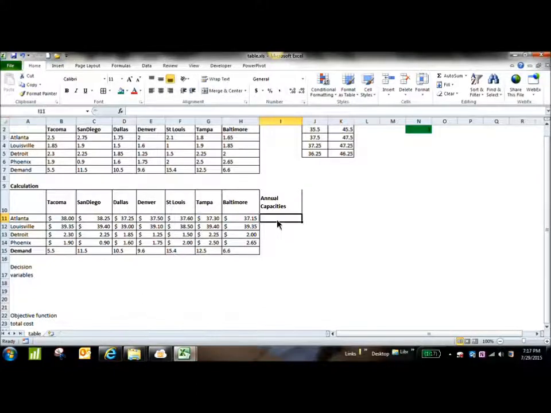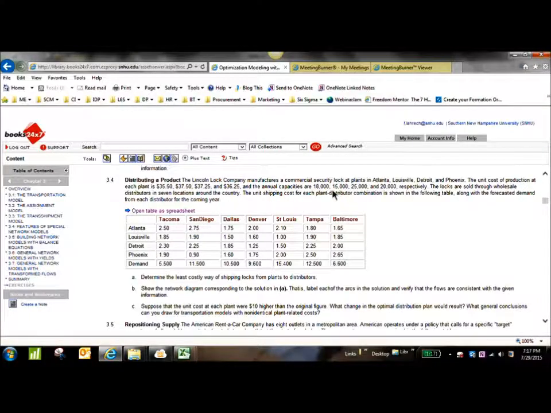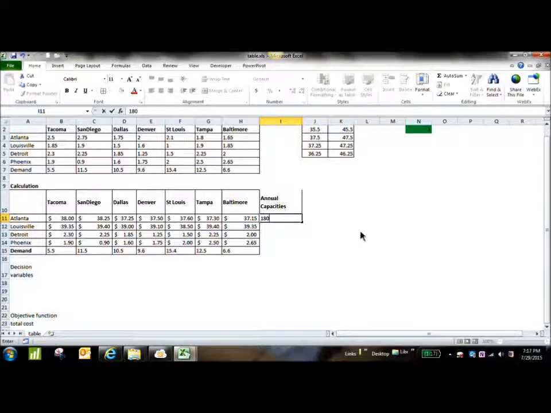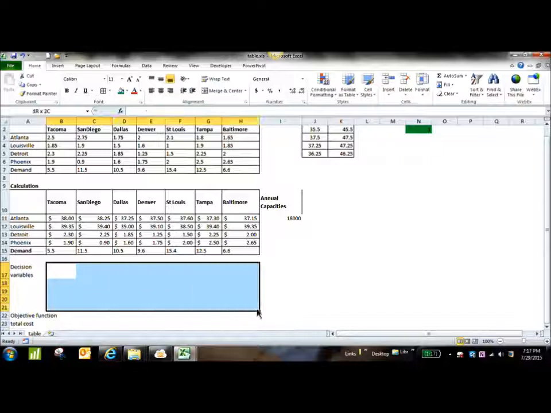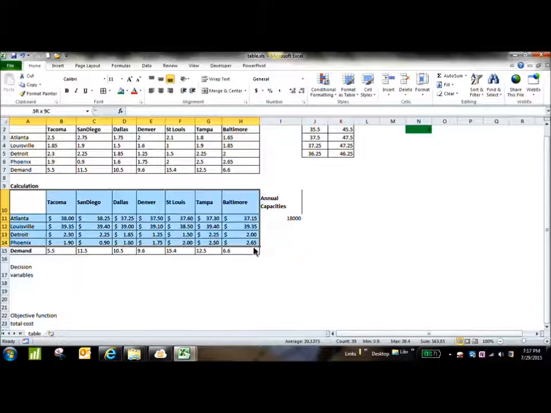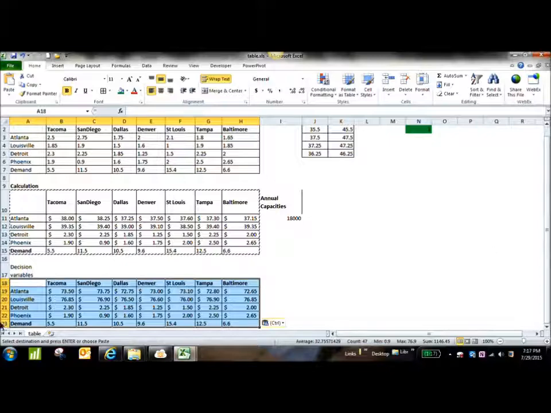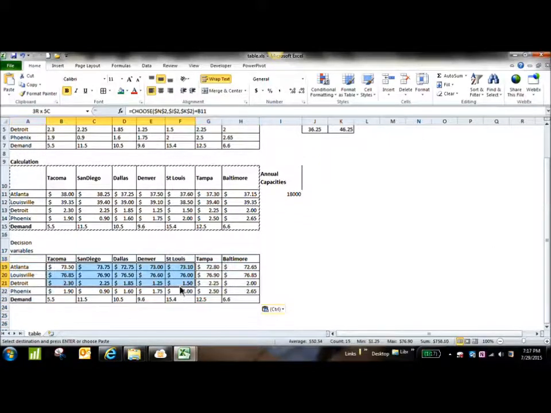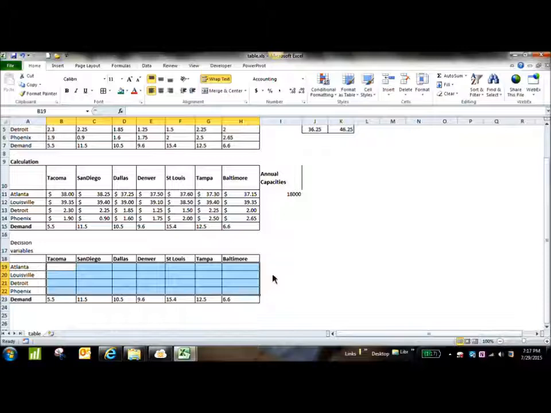Right. So here in the annual capacity, what you would have is these values, 18,000, whatever. But then when you start putting the decision variables grid, like I showed you before, copying this, pasting it here, and then deleting what's in the middle, because that will become more of a unit quantity, not a dollar quantity, right?